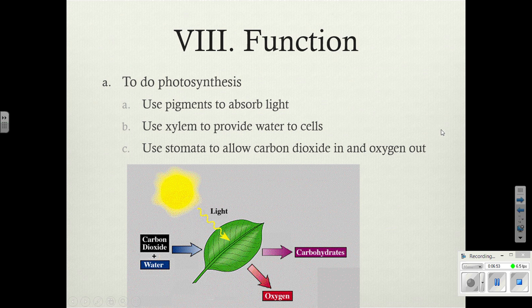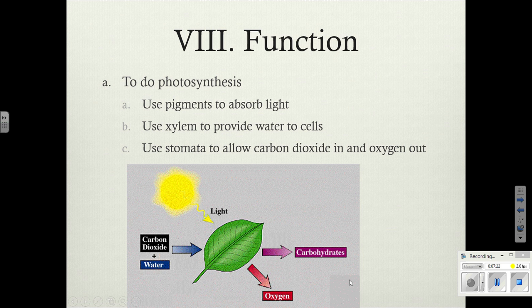We need all these different tissue types to do photosynthesis. Plants also use pigments, and pigments help them absorb certain wavelengths of light. We use our xylem to get water to the cells, and we use our stomata to get the gases in and out. We'll go more into photosynthesis in our next unit, unit 13, where we'll learn the whole equation for photosynthesis and what's happening in each step.